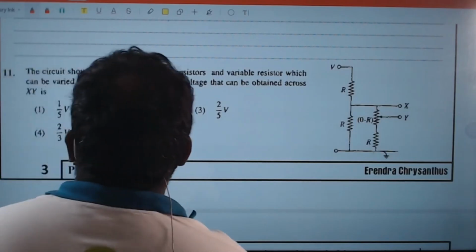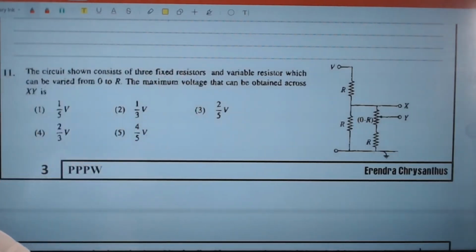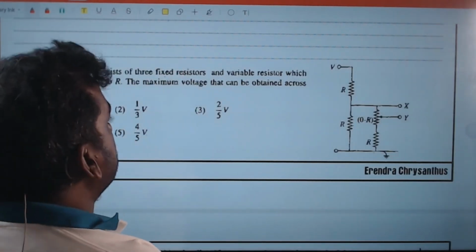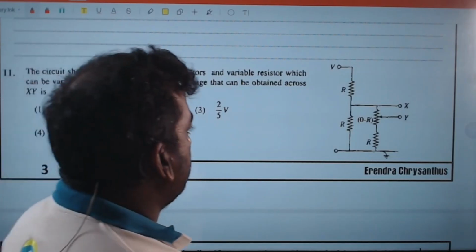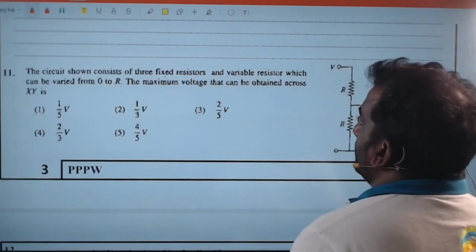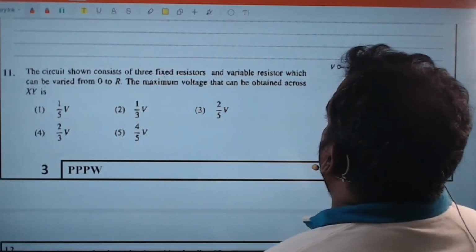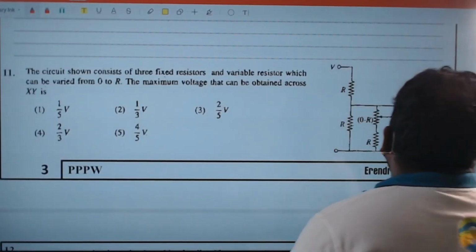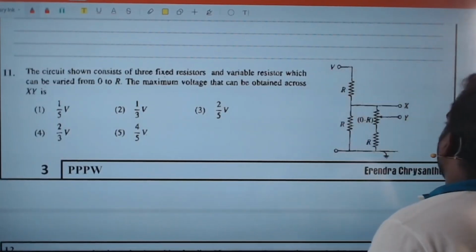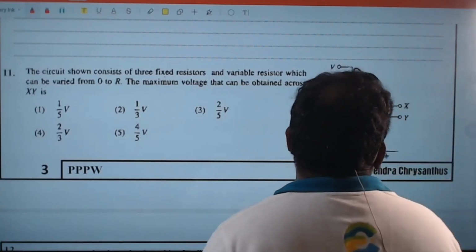Right. The circuit shown consists of 3 fixed resistors and a variable resistor which can be varied from 0 to R. The maximum voltage that can be obtained across XY is?